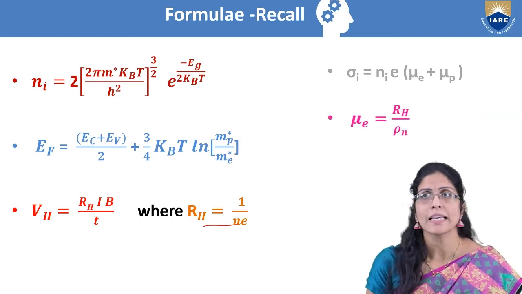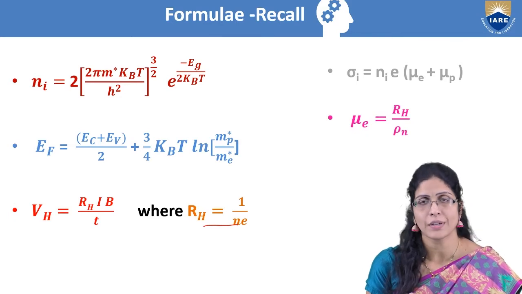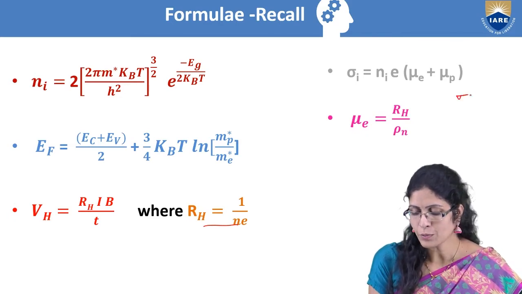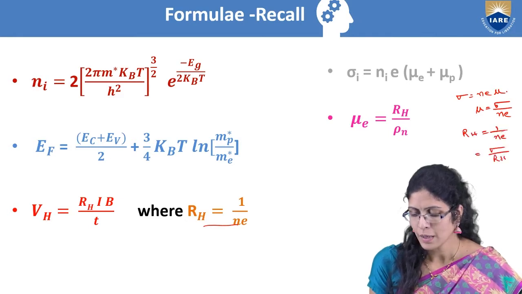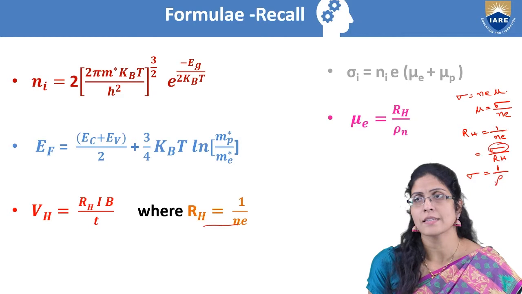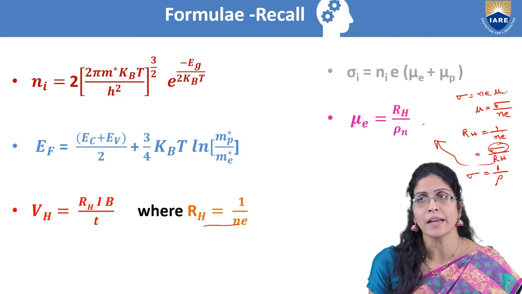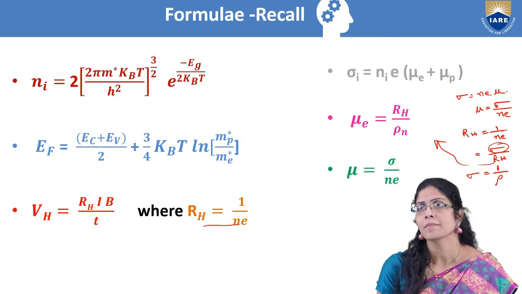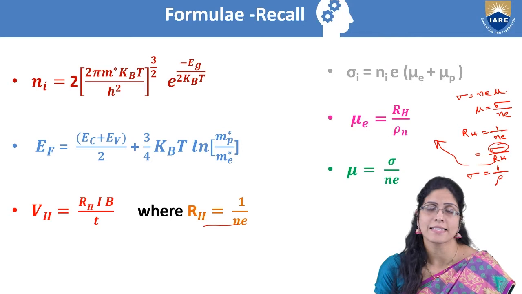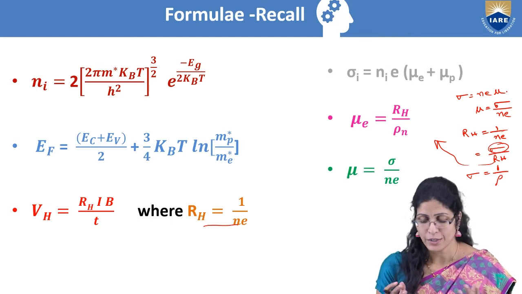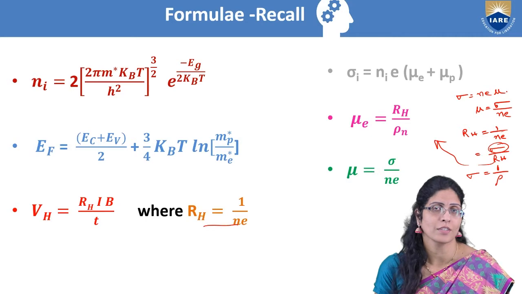Since sigma is equal to Ne mu, mu is equal to sigma by Ne, where RH is equal to 1 by Ne. So it can be written as sigma times RH, but sigma, the conductivity, is inversely proportional to the resistivity, so this can be written as RH by rho. The same you can also write in terms of the conductivity as sigma by Ne. You can use these formulae and let us solve the problems.